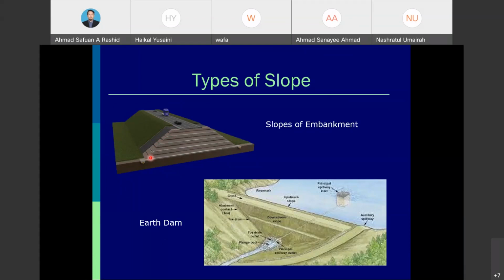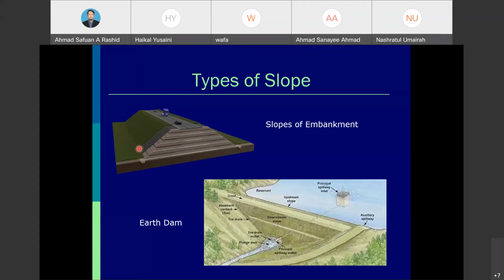At the same time, to check the stability of the whole structure, we should check the bearing capacity of the soil, whether it can cater for the load applied on the soil. So normally for the slope of embankment, we should design 1:2, which is 1 vertical, 2 horizontal.